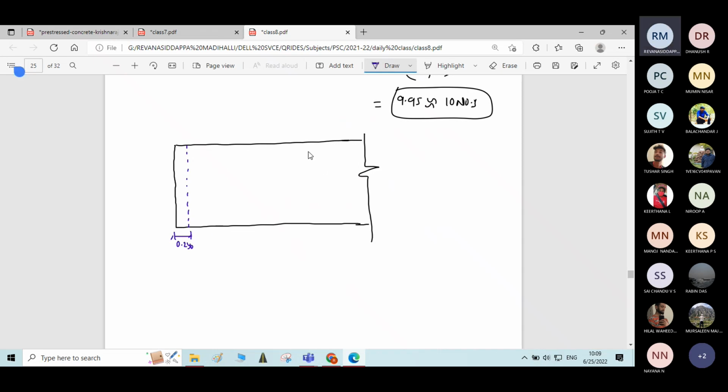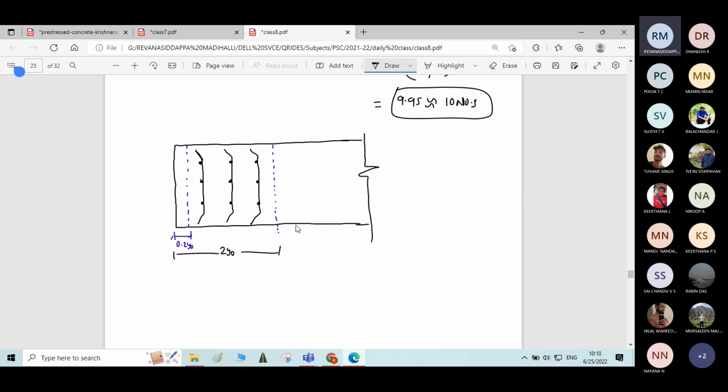Now mention the reinforcement. Here it is 2y0.